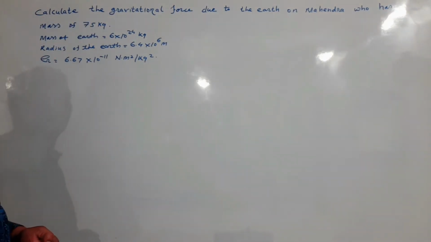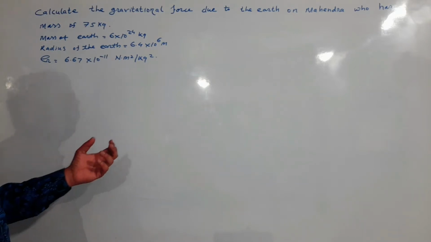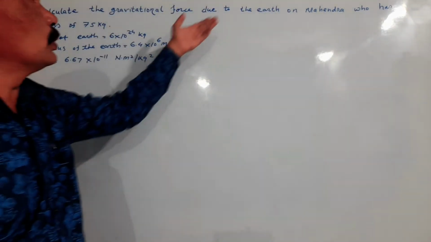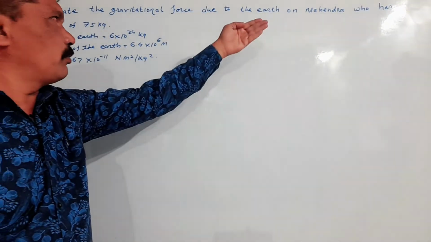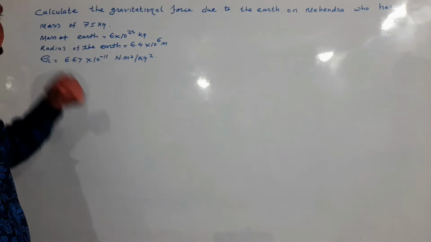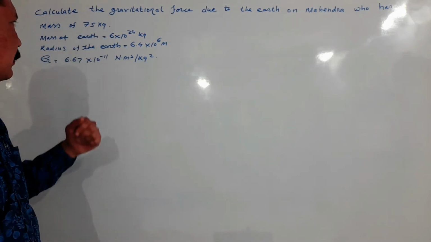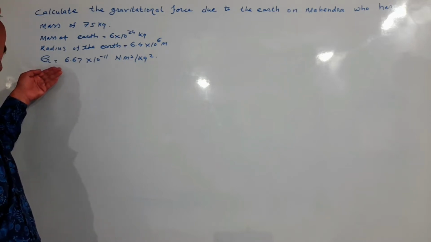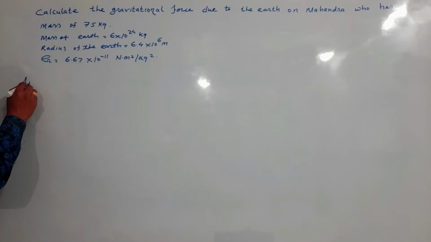My dear student, here we have to find the gravitational force on Mahindra due to Earth, and here the mass of Mahindra is given, 75 kg, mass of Earth is given, radius of Earth is given, and capital G is given. Let's try to solve the problem.